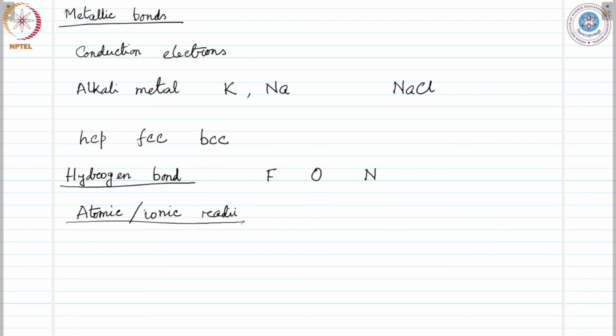We have seen that. However, can we make any estimate of the spread of the electron cloud? In other words, can a definite meaning be assigned to the radius of an atom or an ion irrespective of the nature and the composition of the crystal?